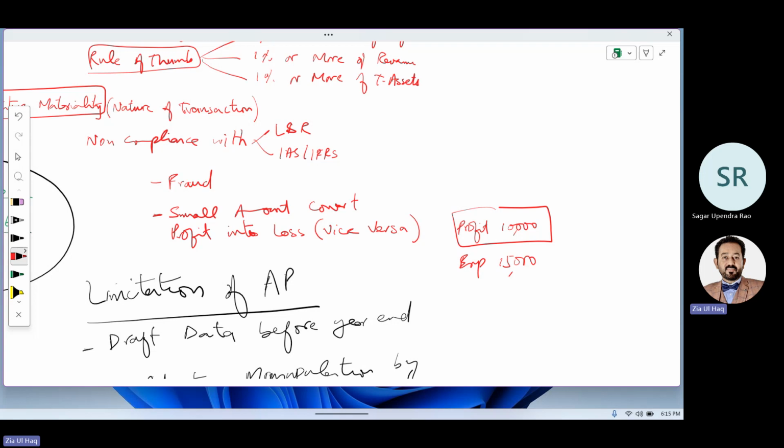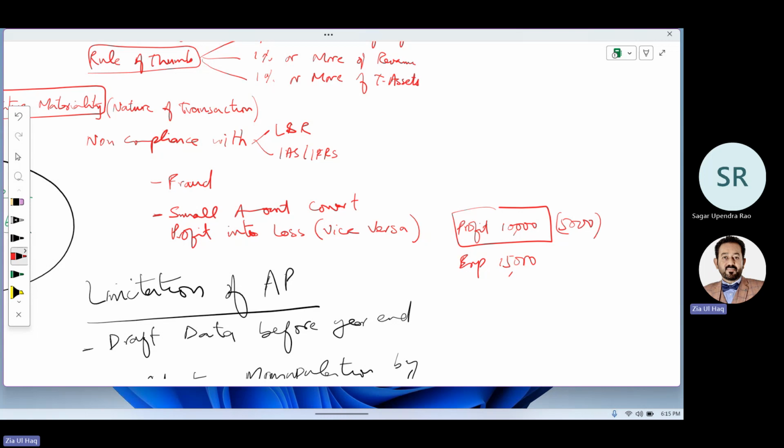When we compare 15,000 with materiality, it was quantitatively immaterial. But this 15,000 expense was not recorded. If it had been recorded, there would have been a 5,000 loss for the current year rather than 10,000 profit, changing the whole view of the profit and loss account.